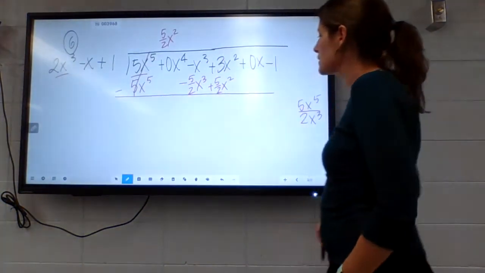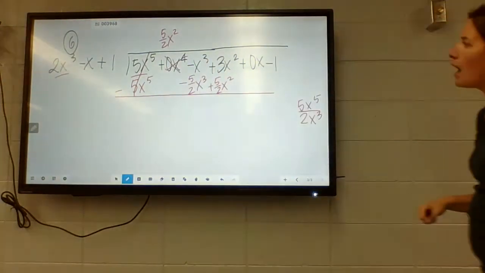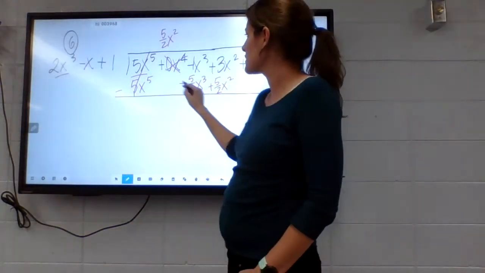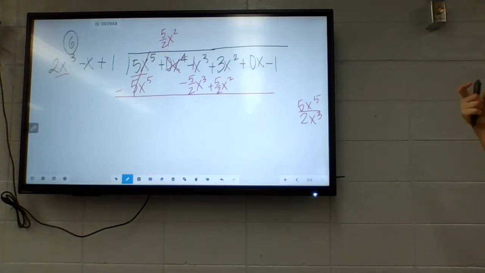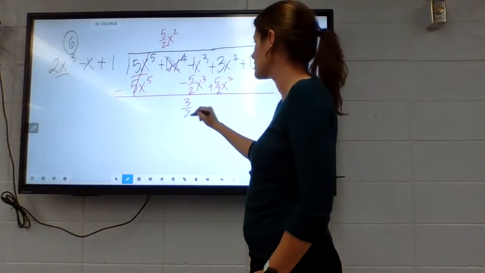So these guys cancel. I don't even need this one anymore. So I have negative 1 minus minus, so plus 5 halves. So that's going to be like 5 halves minus a whole, which is 2 halves. So that's going to be 3 halves.